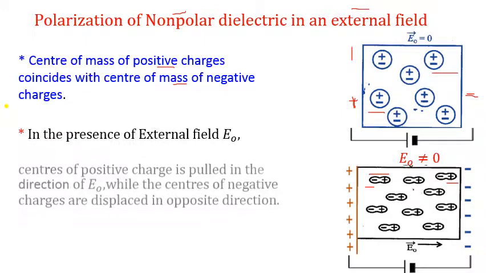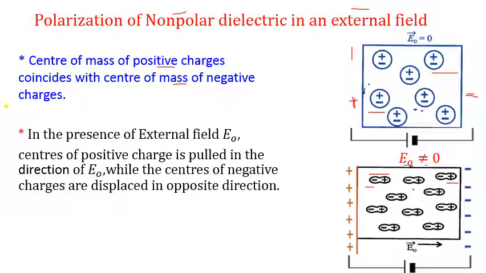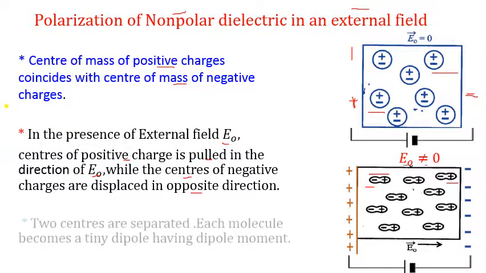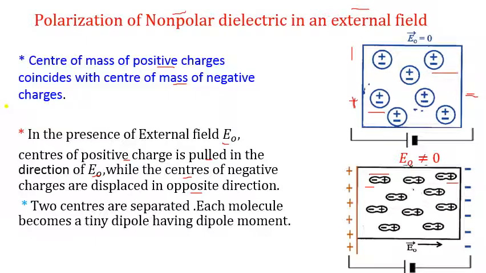And like this we can write: when external field E0 is applied, the center of positive charge is pulled in the direction of E0 while the center of negative charge is displaced in the opposite direction. And what is happening? These two centers are separated.